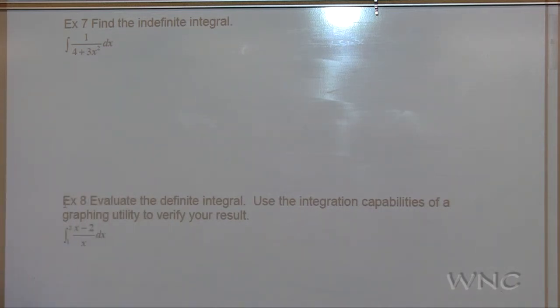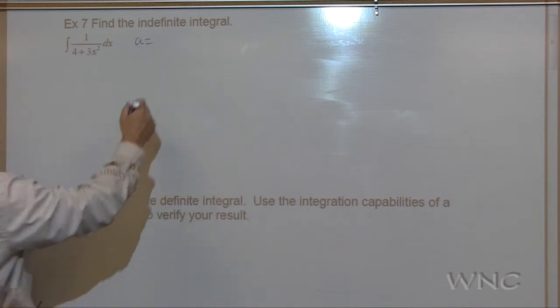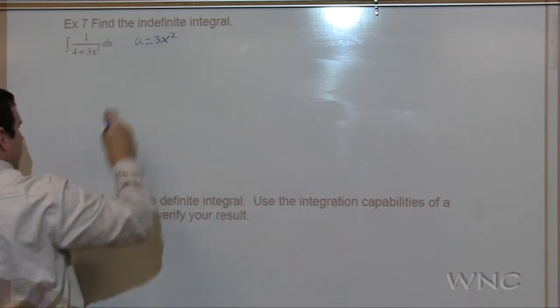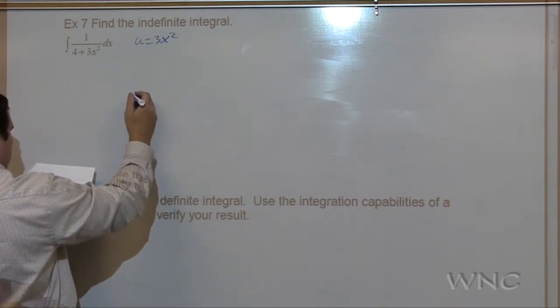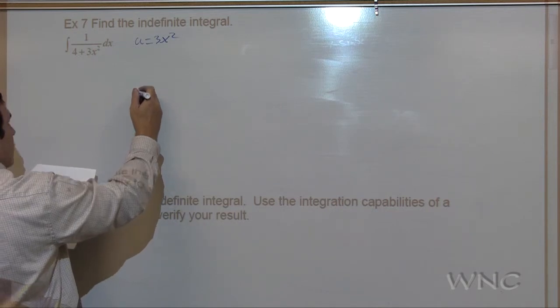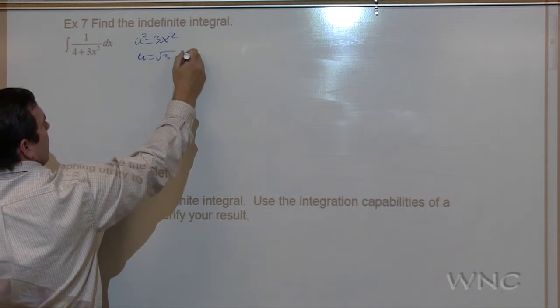Now we have the integral of 1 over (4 plus 3x squared) dx. We'll try different things for u, but if we say u squared is 3x squared, that means u equals the square root of 3 times x.